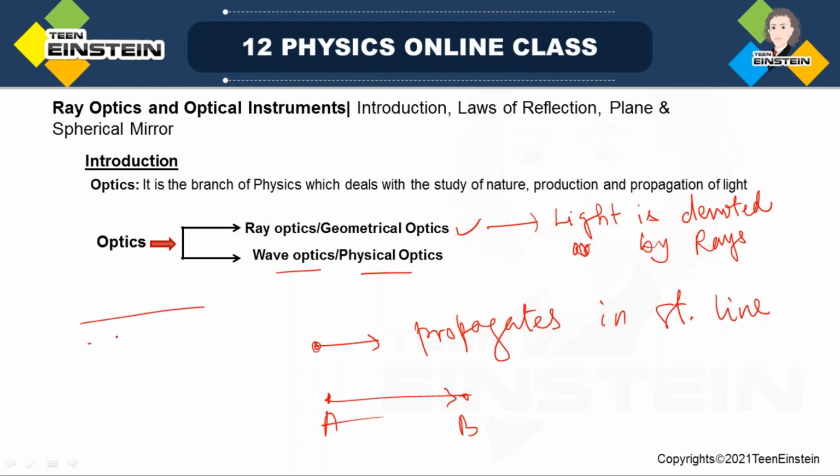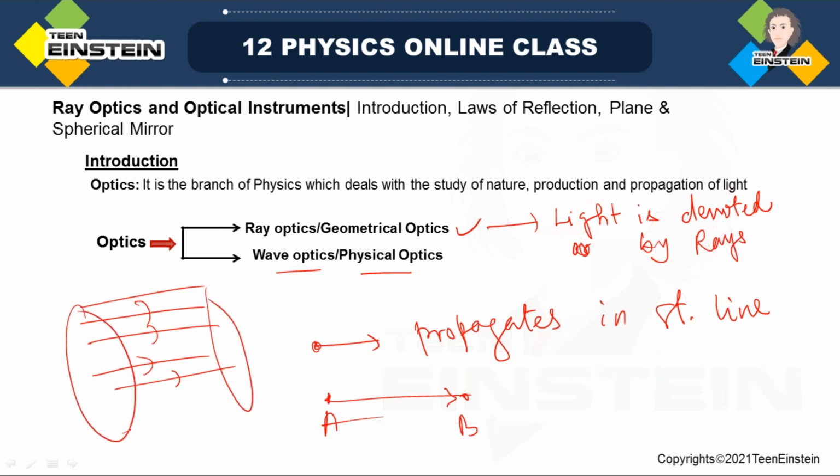And when you take many rays together, this as a whole is called a beam of light. So a bunch of rays together is called a beam of light.